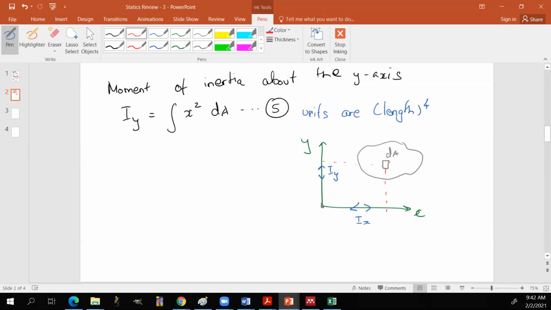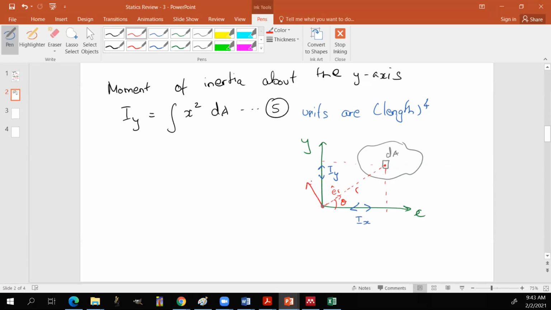Then you also have what's known as the polar moment of inertia. If you draw a straight line from the origin directly to the point, now you're going into polar coordinates. The way that's defined is that you define this angle theta, and then this length from the origin is equal to r. And the unit vector in this direction is referred to as e_r.